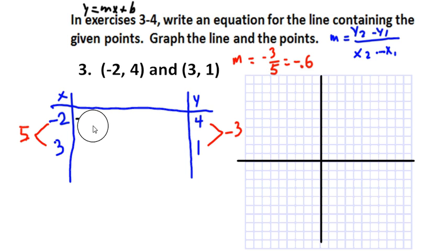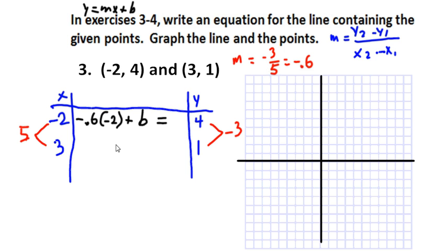And m is -0.6, and x is -2, plus b, which we do not know yet, is equal to 4.